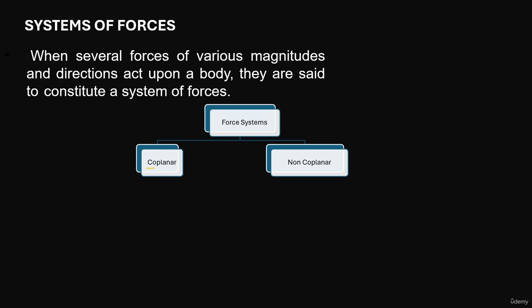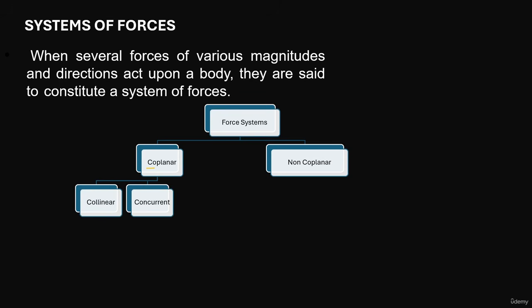Or to be precise, if the line of action of the forces is lying in a single plane, then they are regarded as coplanar forces. In the same way, if the line of action of the forces is lying in different planes, then they are regarded as non-coplanar.